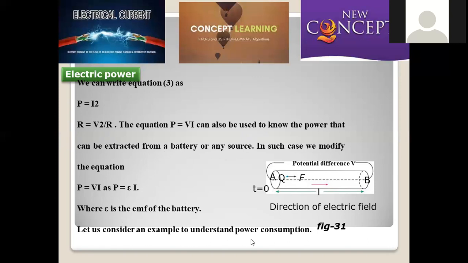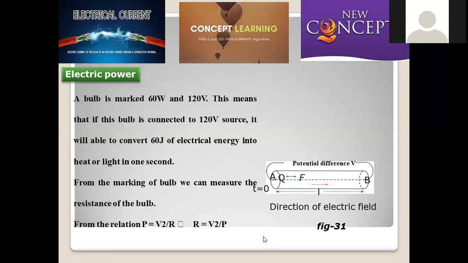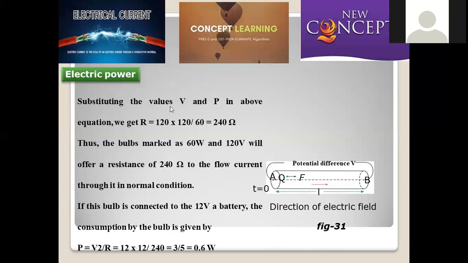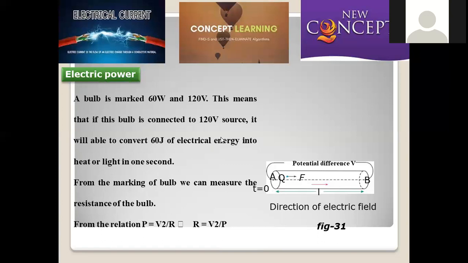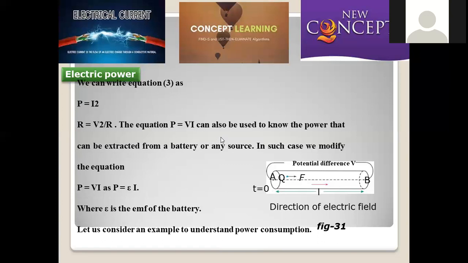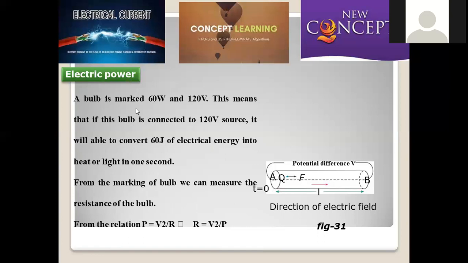Let us consider an example to understand the power consumption. In order to understand power consumption clearly, we are going with one example. A bulb marked 60 watts and 120 volts is taken into consideration.